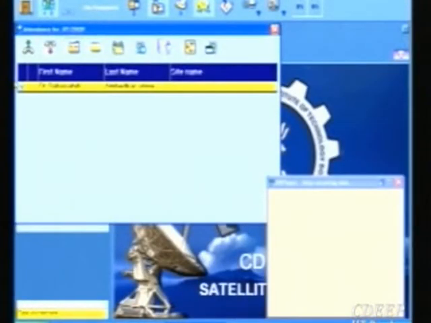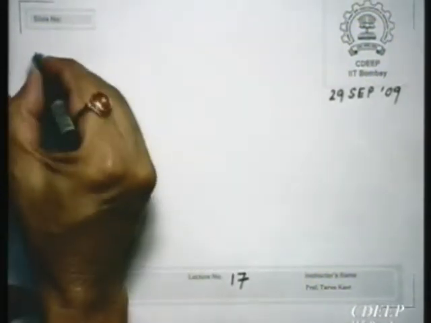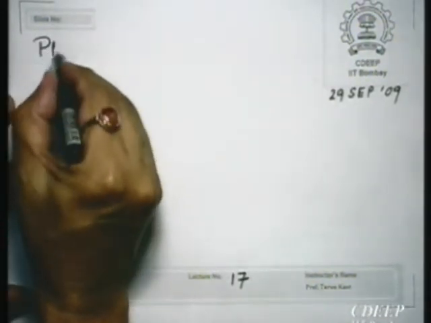So coming to today's lecture, strain components. Now let us say we are talking of plane strain. I am not talking of 3-dimensional.